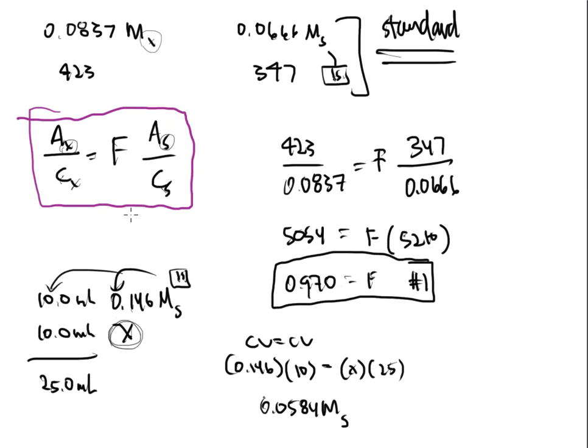I've not written those down yet, but it told me the signals of those in the problem. So I'll know A sub S and A sub X, and I will be able to calculate the concentration of X. So I'm going to write this up here at the very top, 0.0584 molarity of my internal standard.